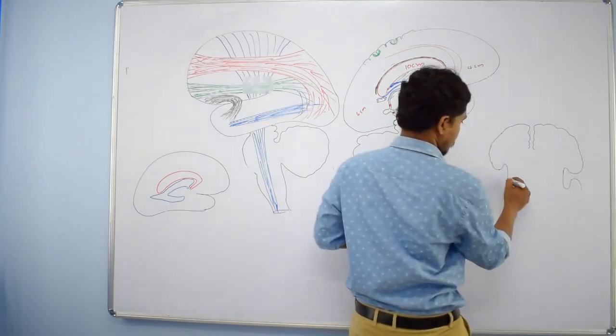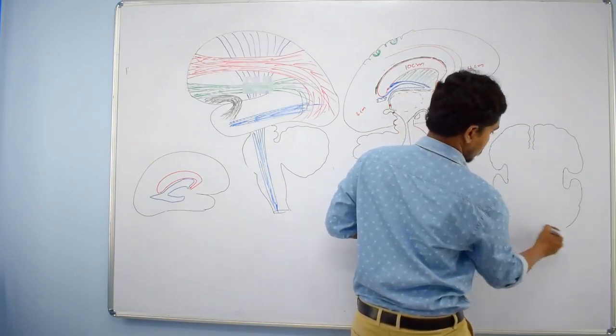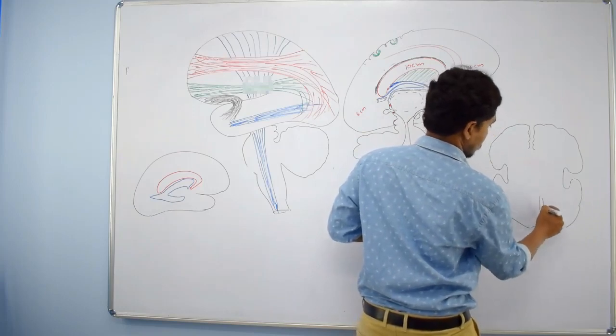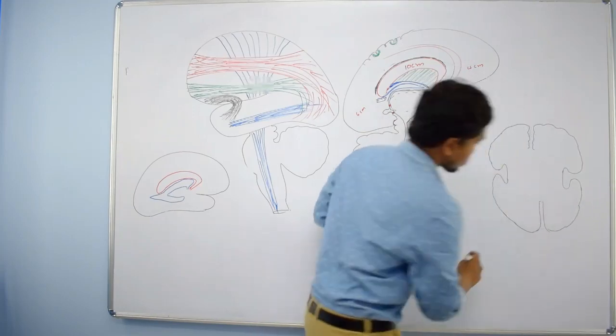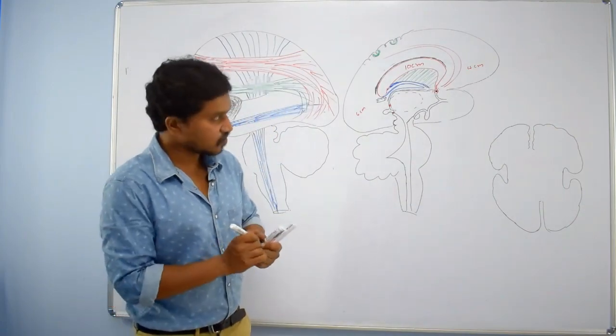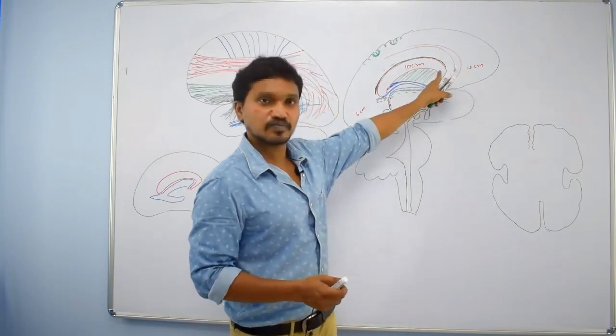So, it will be like this, is it or not? When I take the section at this level, this is the genu.